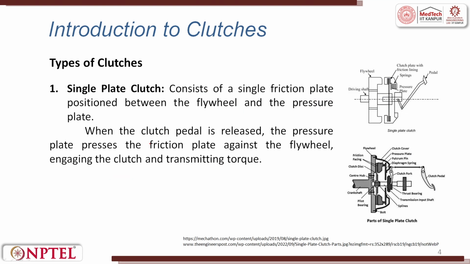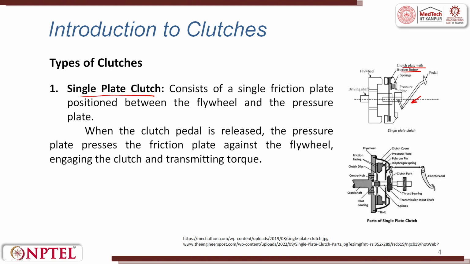To talk about the types of clutches, first is the single plate clutch. A clutch with a single plate, a clutch plate with friction lining, is shown here. There are springs here, but this is a single plate. While pressing the pedal of your automobile, you try to disengage this clutch.